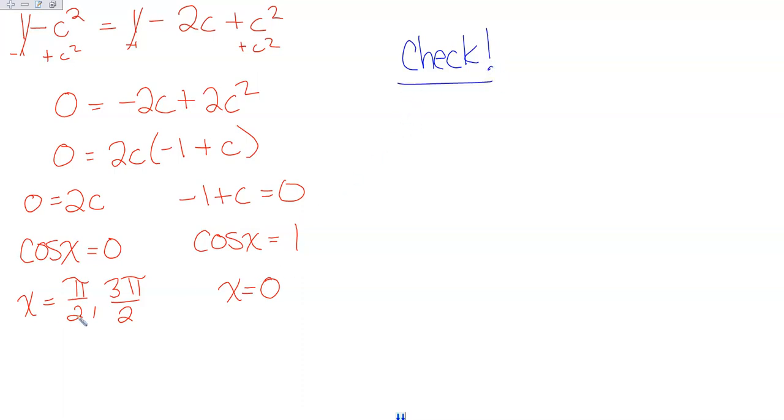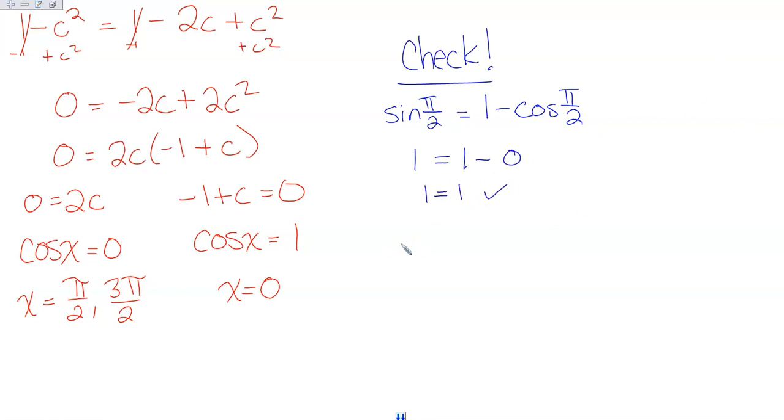All right, and I'm going to take these three values and plug them back into the original equation. So I'm going to start with pi over 2 and say sine of pi over 2. Does that equal 1 minus the cosine of pi over 2? The sine of pi over 2 is 1, and the cosine at pi over 2 is 0, so I'm going to get 1 equals 1, and that's good.